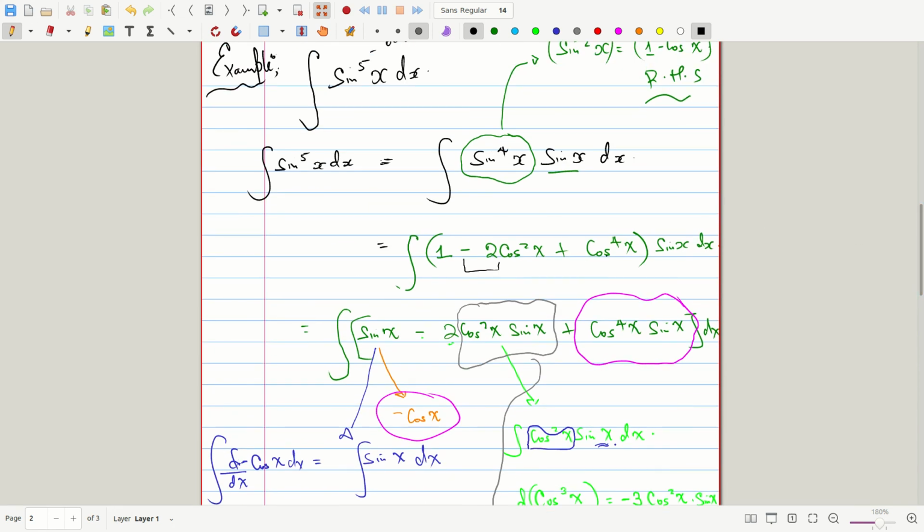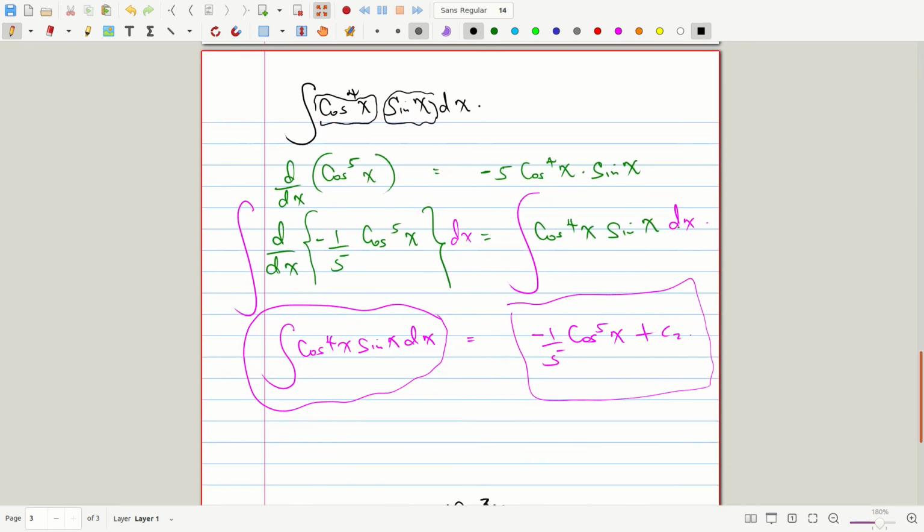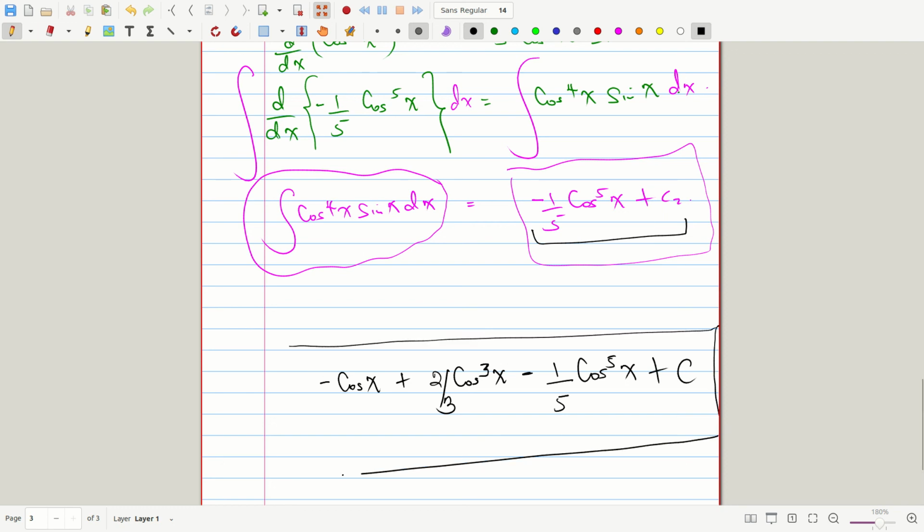And then lastly, this other term here, cos to the power 4 x times sine x, we got this term here, which is negative 1 out of 5 cos 5x, and then we add all the other constants, and then we have our one constant of integration here. So that is the answer, I suppose, if I haven't made a mistake.